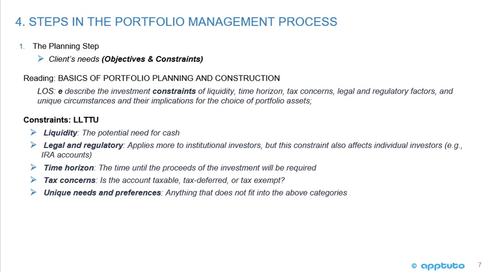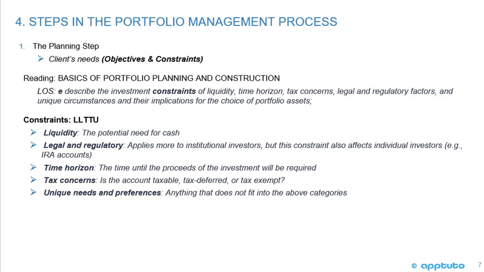Again, carrying on with regards to the planning step and establishing the client's needs, objectives, and constraints, the constraints come up again in the basics of portfolio planning and construction under the LOS describe the investment constraints of liquidity, time horizon, tax, legal, and regulatory factors and unique circumstances and their implications for the choice of portfolio assets.